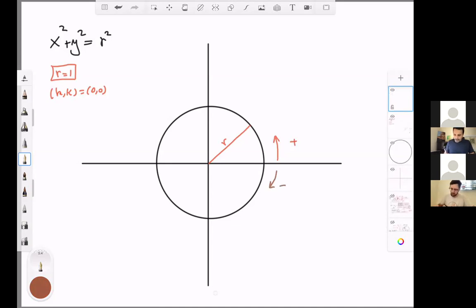So this goes plus, right? And when r is here, this line makes some angle with the x-axis. Agree? I'm gonna call it alpha.